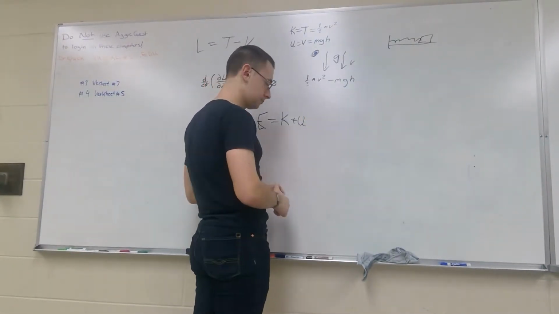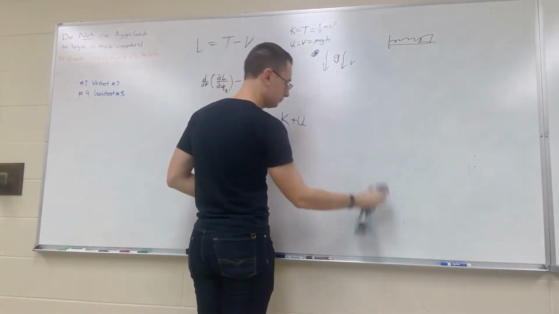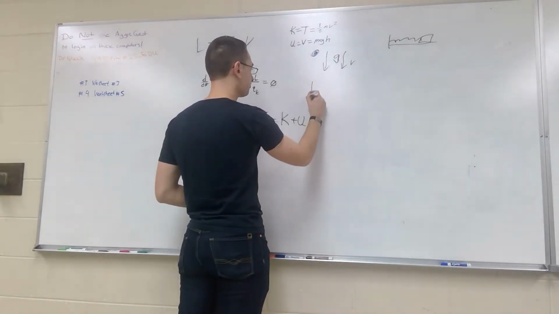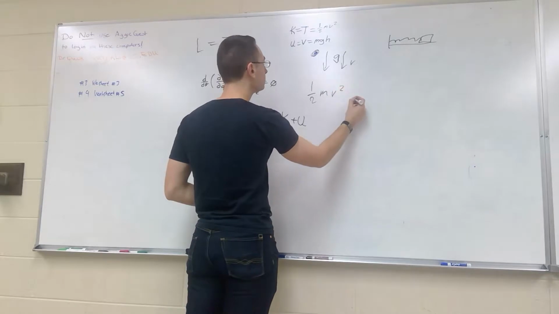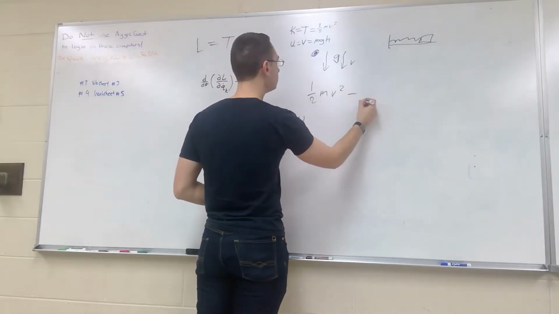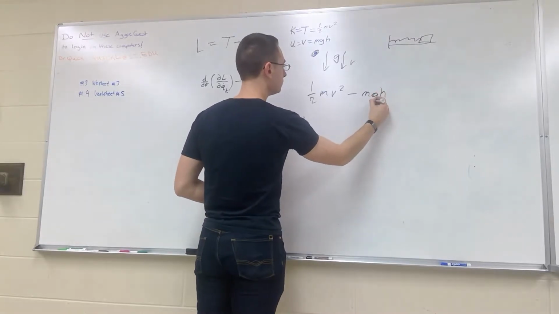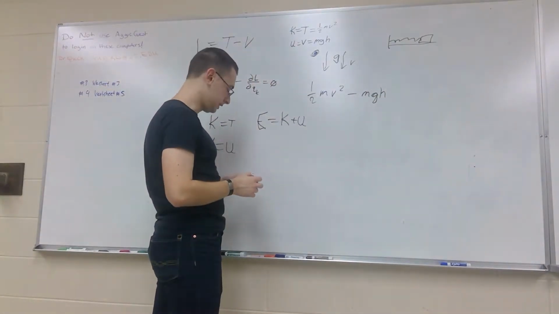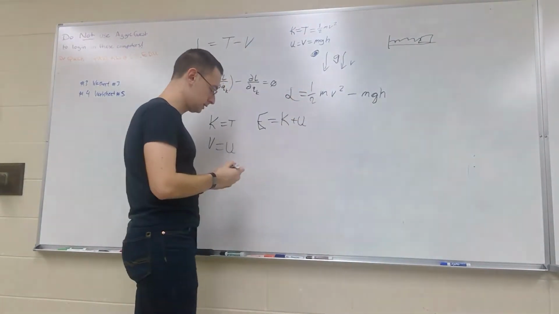Right, like you wrote the E equations. That's 1/2 mv squared minus mgh. All right, cool. So Lagrangian equals this.